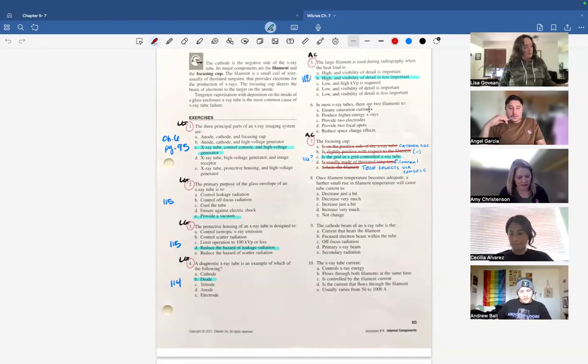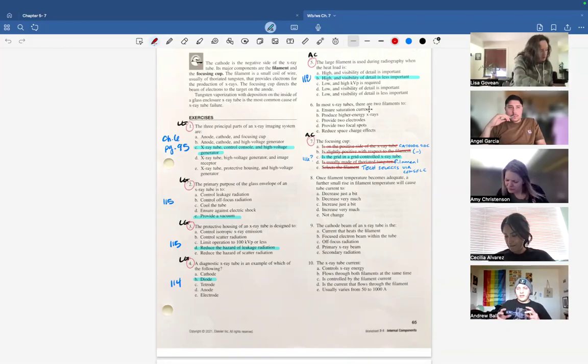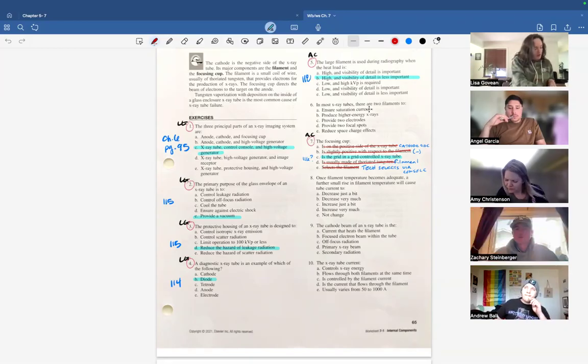Go ahead, Andrew. I was just going to say, isn't it more likely that the focusing cup is slightly positive with respect to the filament because that's why it's helping to catch all the electrons? Oh wait, that's what I put too. I actually just read the answer in the book right now.